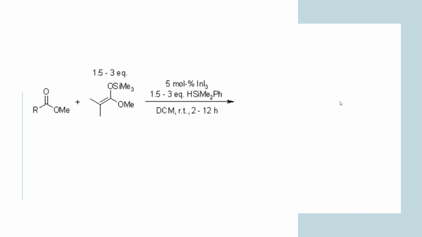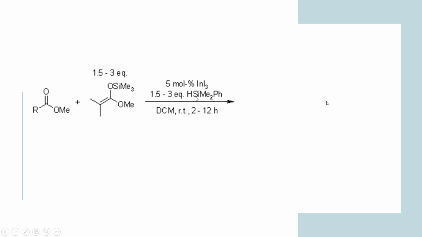Okay, so here what is happening, we are taking an ester and treating it with 1.5 to 3 equivalents of silyl enol ether, again in presence of indium iodide catalyst. Okay, and this is an additive. This one is an additive, it is not participating in the reaction mechanism.